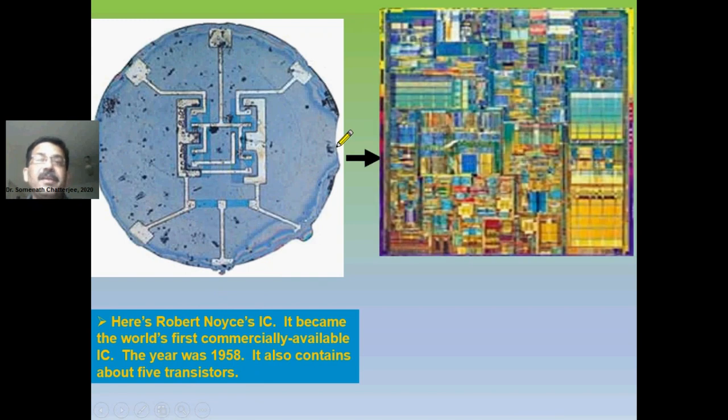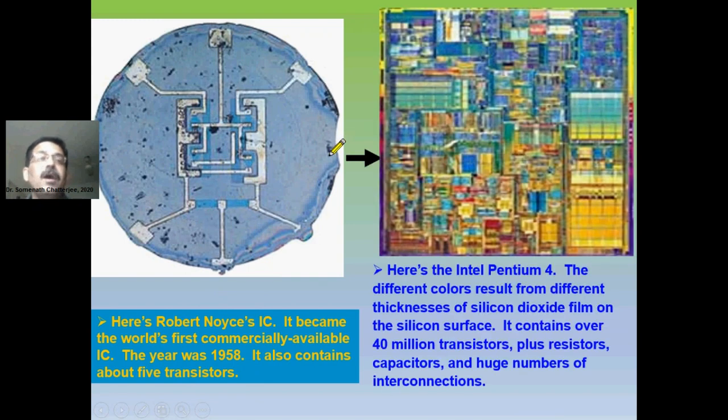Whereas in Pentium 4, and I am not giving the latest technology, 40 million transistors are assembled with the passive elements. So the active elements and the passive elements are all occupied in this dimension. From 5 transistors to 40 million transistors, we were able to do it within 60 years. This is the achievement, and that is happening due to the top-down approach.